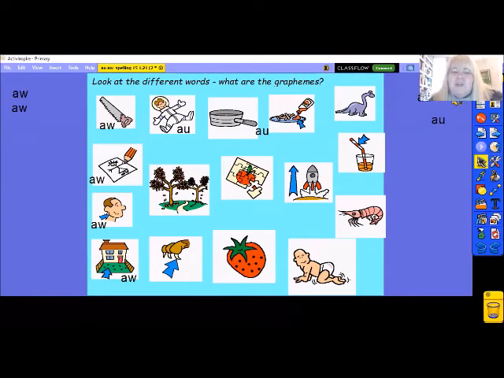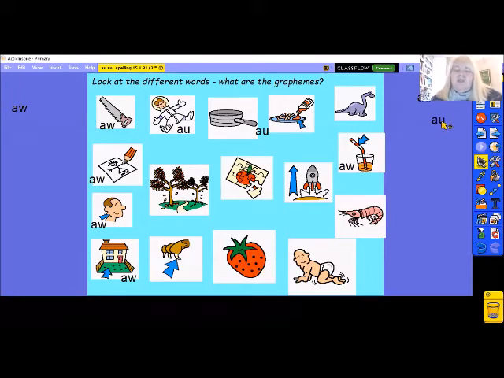We said that with the words draw and jaw and saw all ended with the sound or, and they were spelt with AW. Let's think. Straw. What do we think? Yes, you're right. It's another AW. Straw. Let's look at the rest.